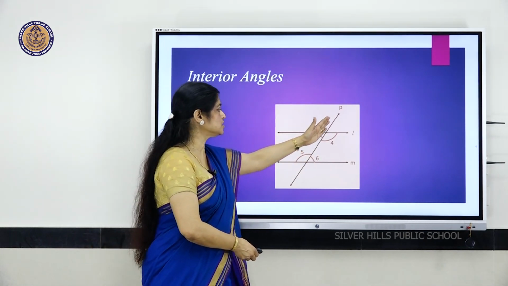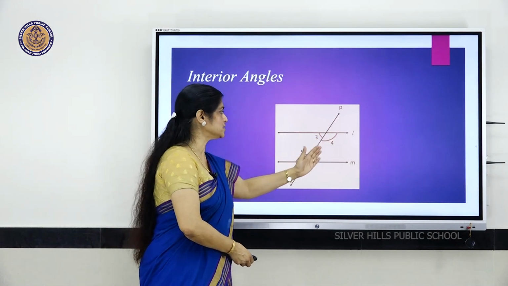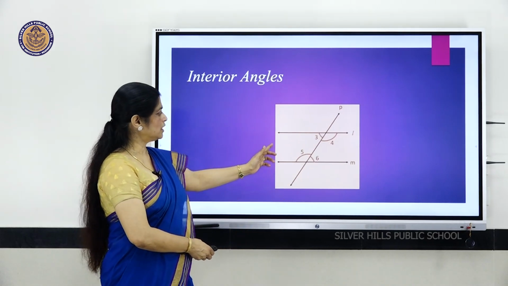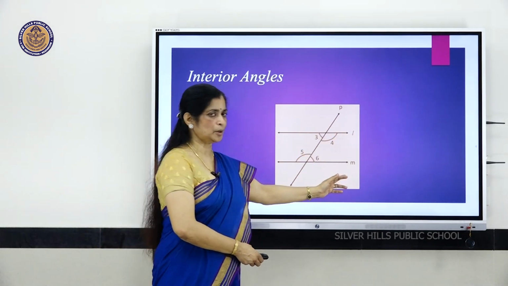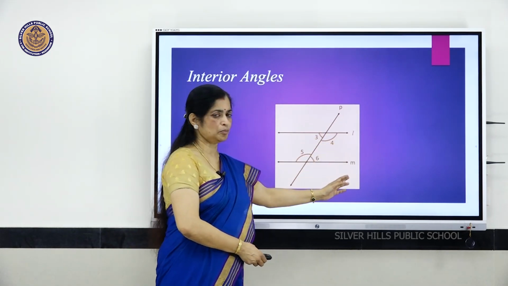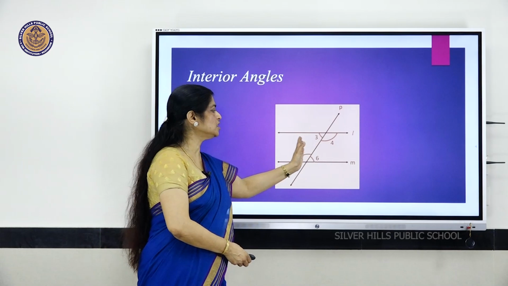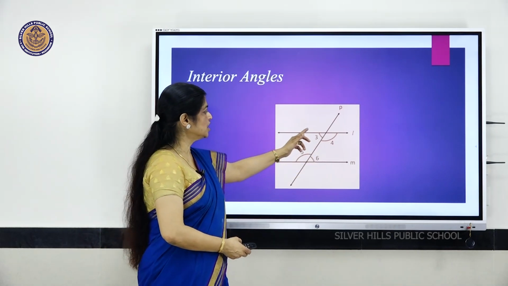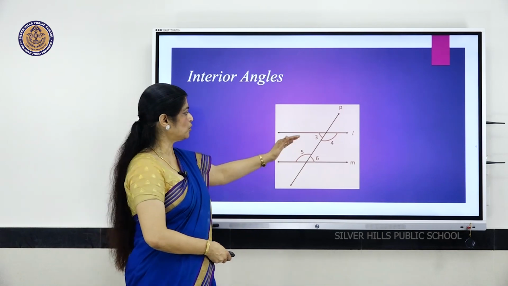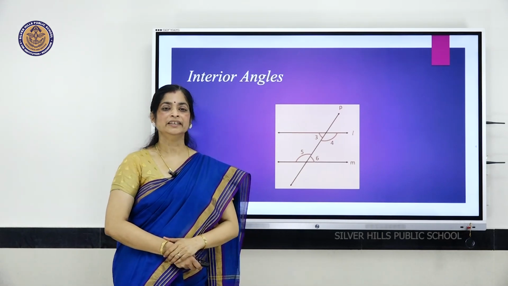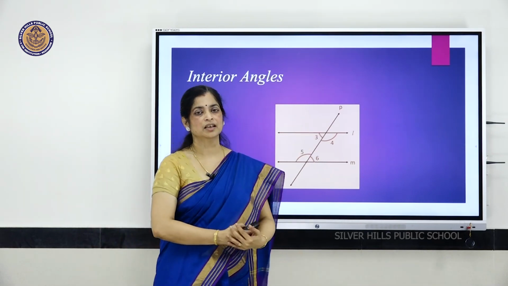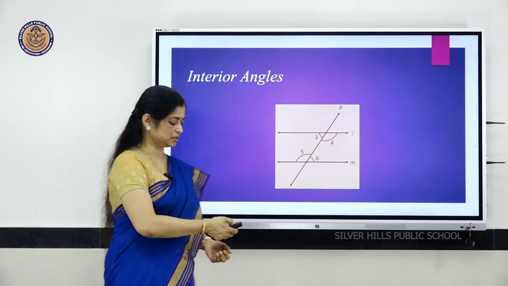When a transversal P cuts two lines, L and M, you get four interior angles. Interior means it is inside the two lines. Such angles are called interior angles.